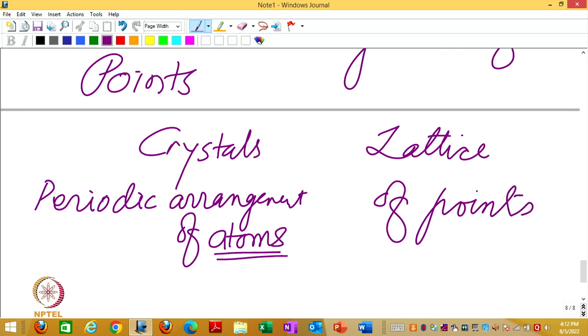Now, points do not have mass. So, lattice will not have mass, lattice will not have density, lattice will not have electrical conductivity. So, saying the electrical conductivity of a cubic lattice itself is not a precise statement.